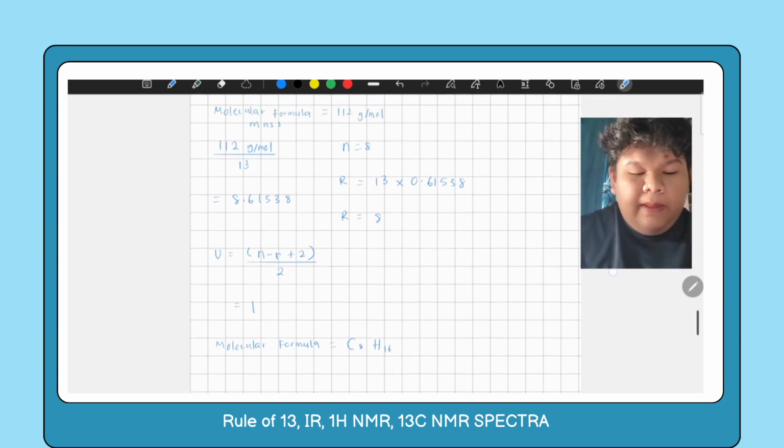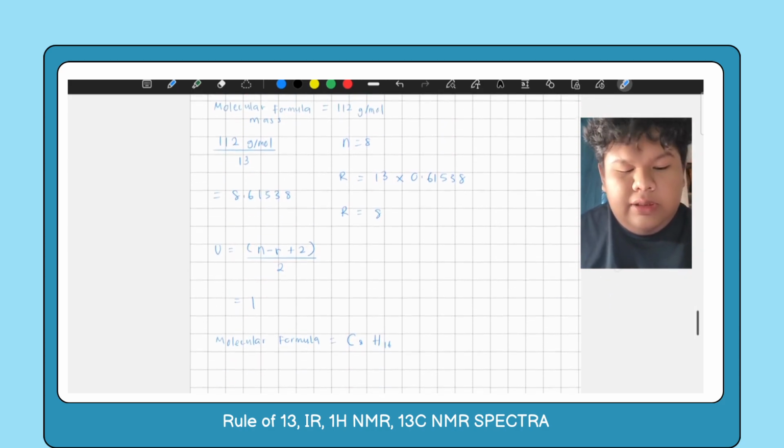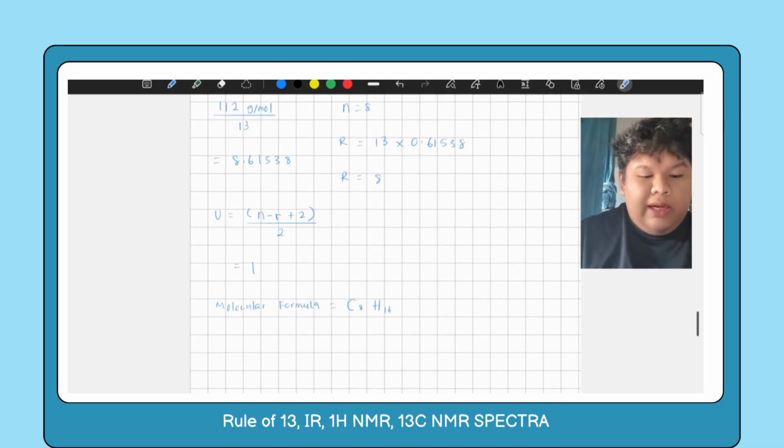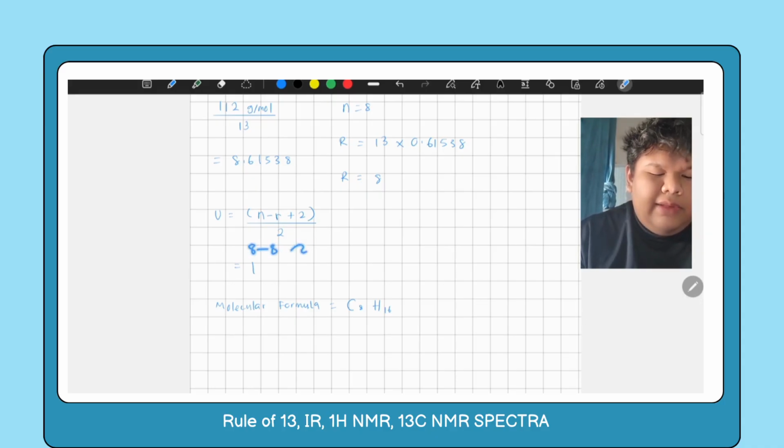From that information we can calculate the hydrogen deficiency, U equals (n minus R plus 2) divided by 2. The n here is 8, so 8 minus 8 is 0, then plus 2 is 2. Then 2 divided by 2 equals 1.